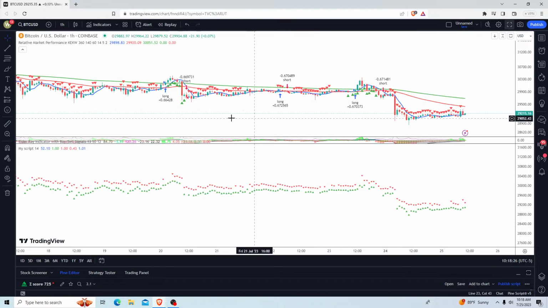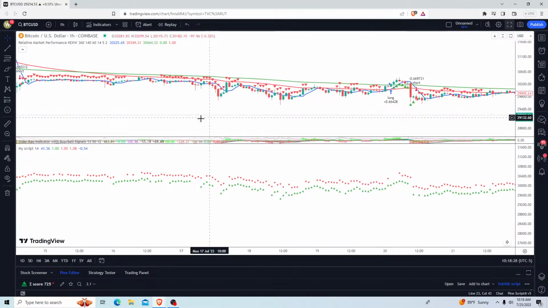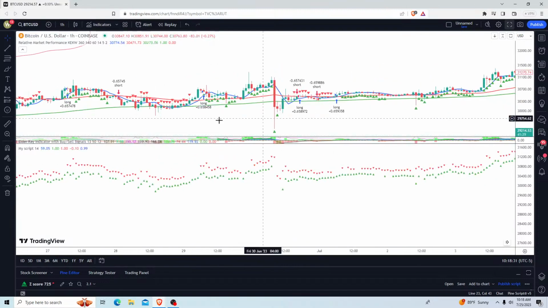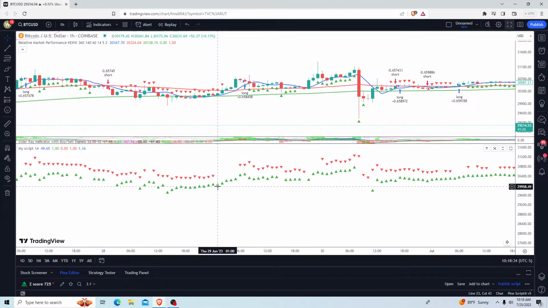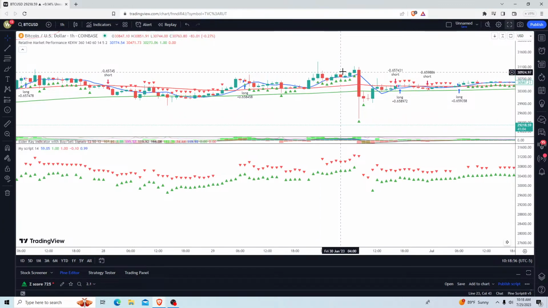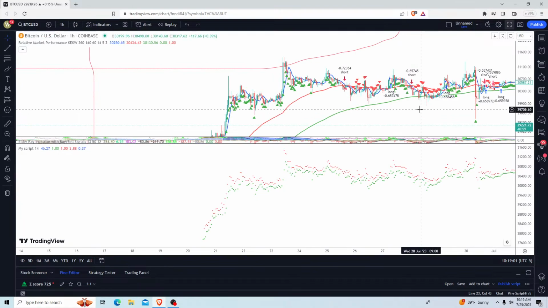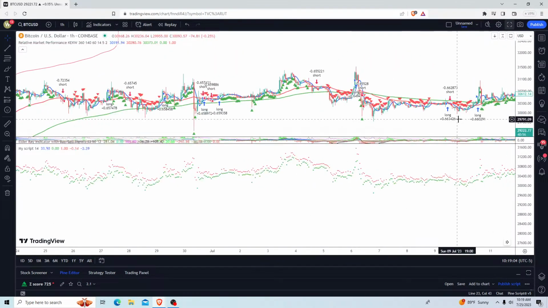Let me just pick a random time and try to find some bullish divs there. Buy here, and now let me try to find the next bearish divs with no bullish. So that would be like right here, right there, and then right here. But see, a lot of the time the signal comes in too late.